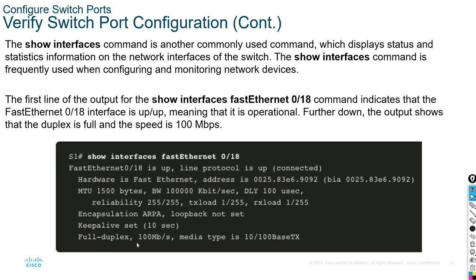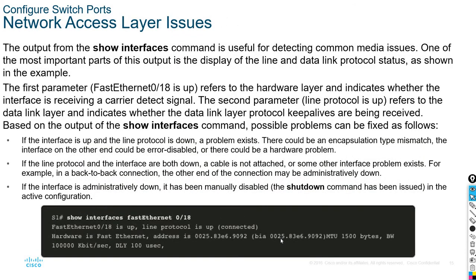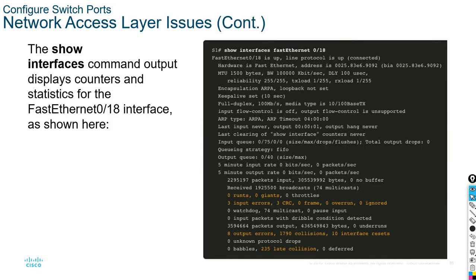You can see full duplex and 100 Mbps, and media is 10/100BaseTX. The show interfaces command is useful for detecting common media issues and network access layer issues. The output displays the counters and statistics for the FastEthernet 0/18 interface.